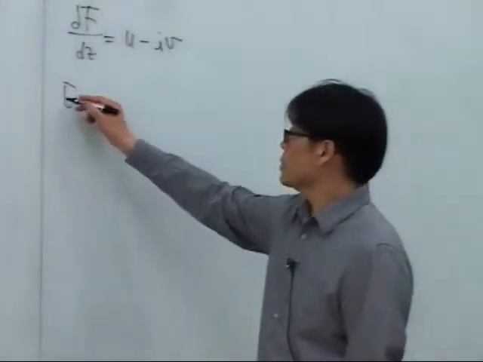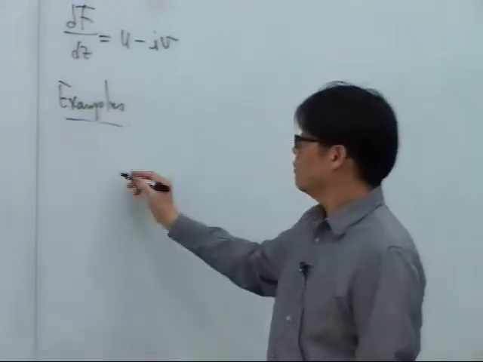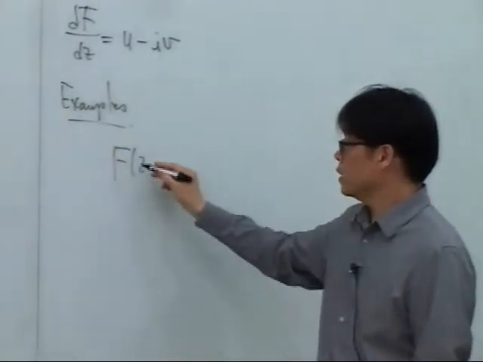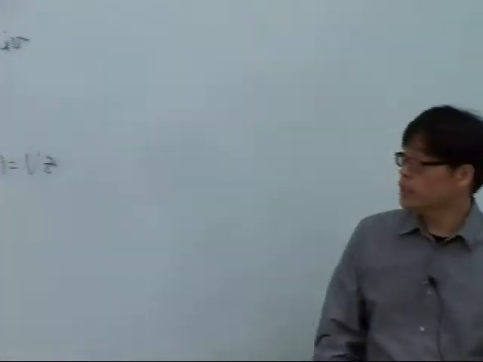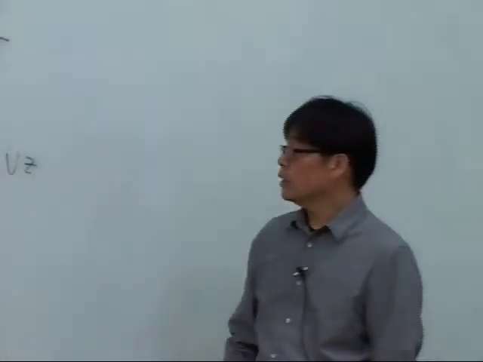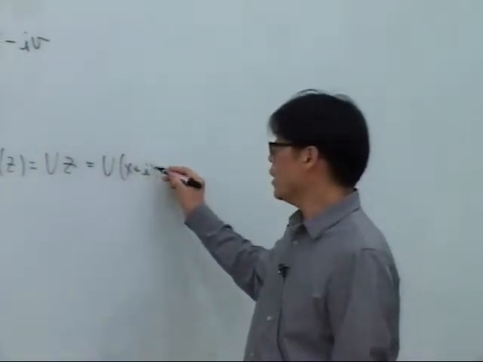So, some examples. For example, if f of z is Uz, linear in z, then this is nothing but U times x plus iy.